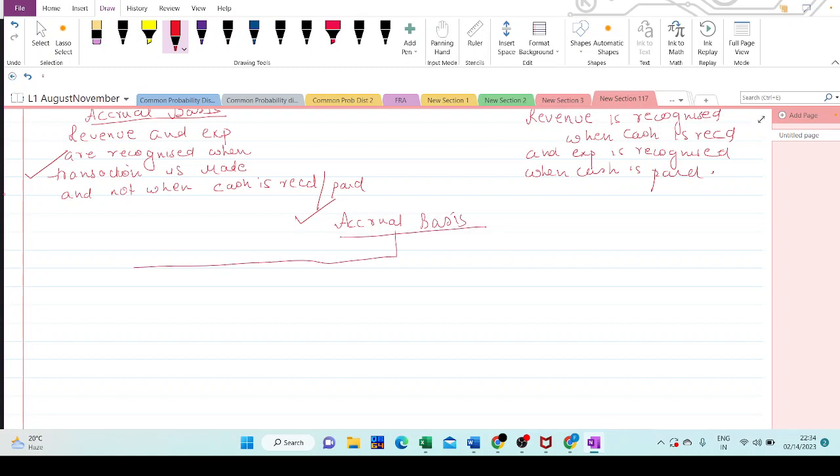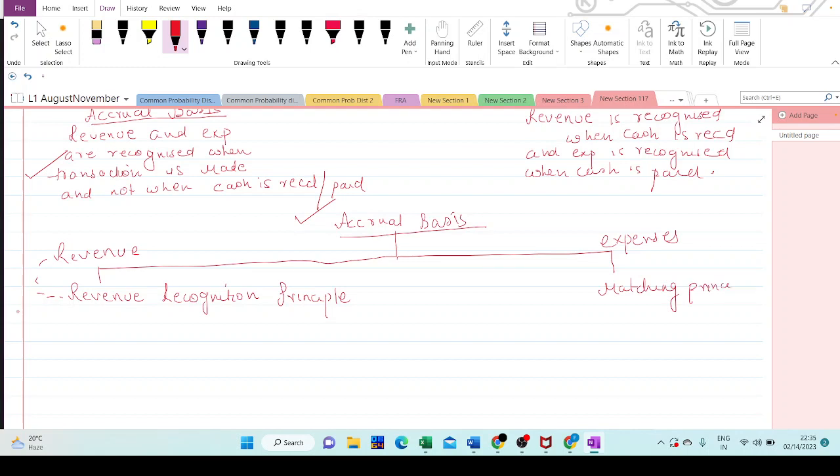Now, under the accrual basis, revenue is recognized as per the revenue recognition principle. This is very important. Revenue is recognized using the revenue recognition principle, and expenses are recognized using the matching principle.